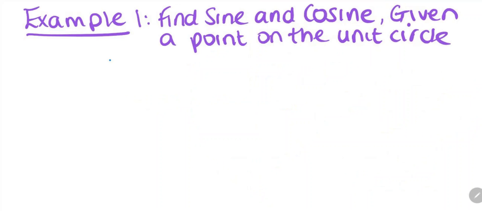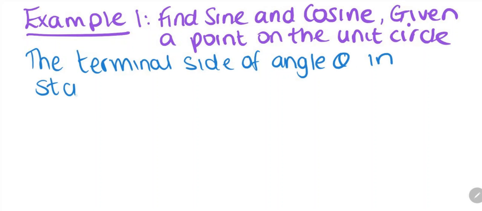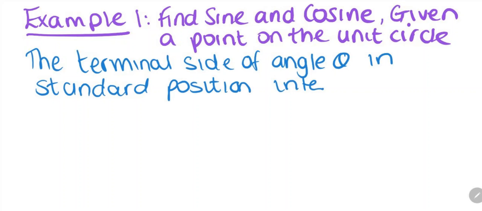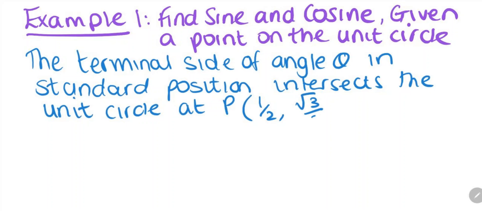The question says the terminal side of an angle theta in standard position intersects the unit circle at the point a half, root 3 over 2.